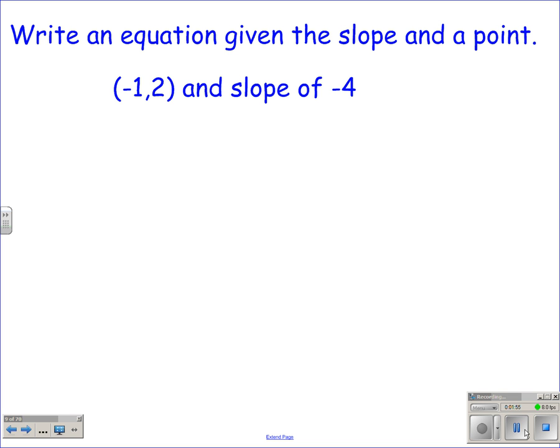Let's write an equation given a slope and a point. You have the point -1, 2 and a slope of -4. Start out putting it into y minus y1 equals m times the quantity x minus x1. That is point slope form. So we will have y minus 2 equals -4 times the quantity x plus 1.